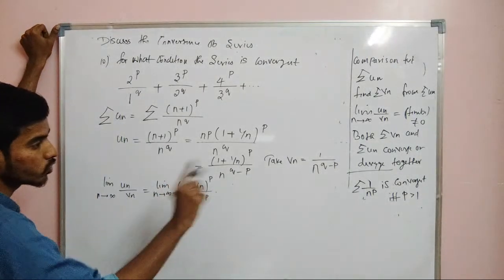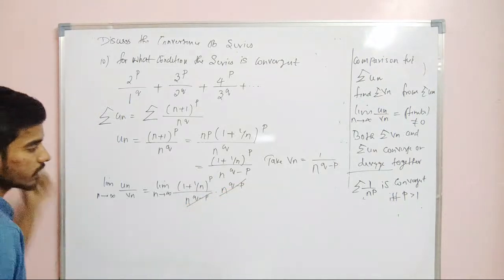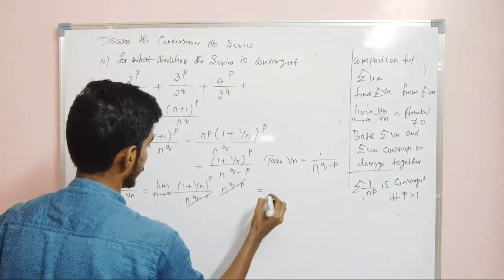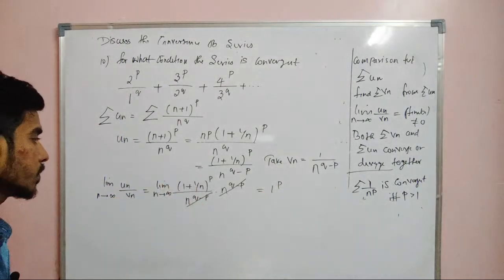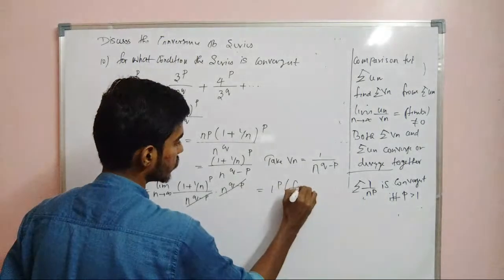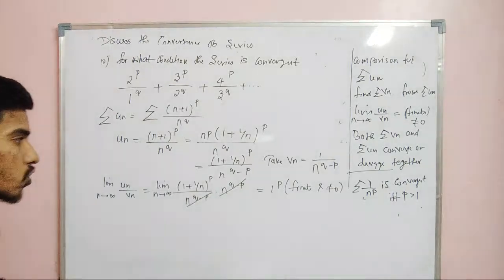If I take vn to the numerator, we will have n power q minus p, so these two will get cancelled. As n tends to infinity, 1 by n will be 0, so we will have 1 power p, which is finite and non-zero.